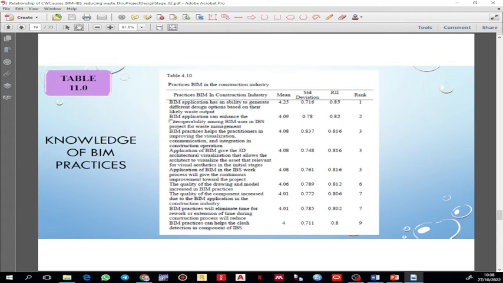Second rank: BIM application can enhance the interoperability among BIM users in IBS projects for waste management. And the third: BIM practices help the practitioner in improving visualization, communication, and integration in the construction operation.